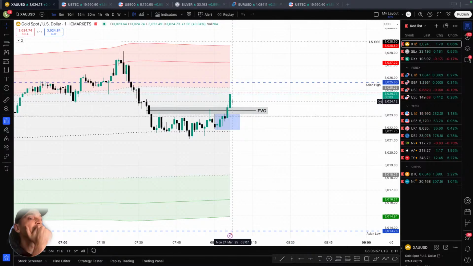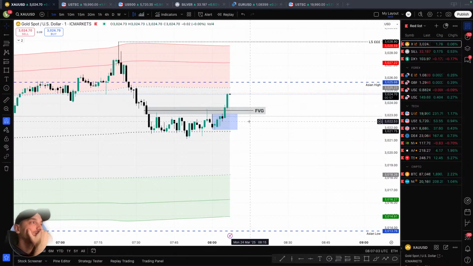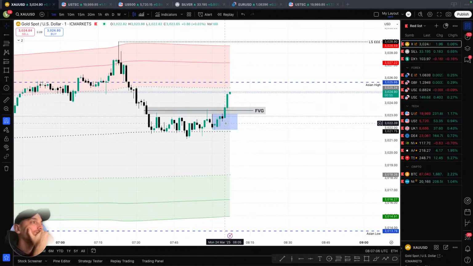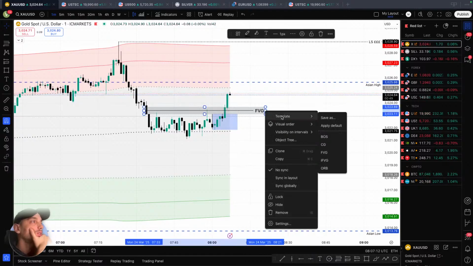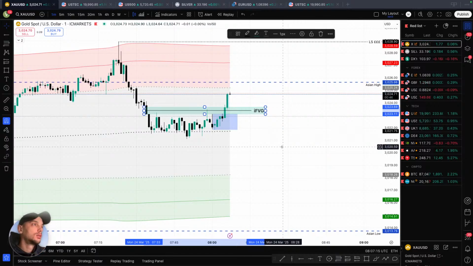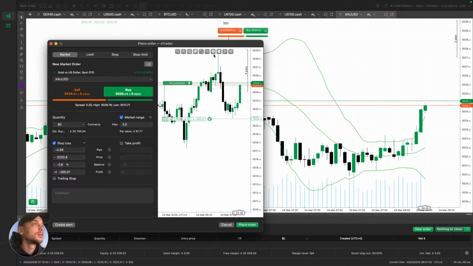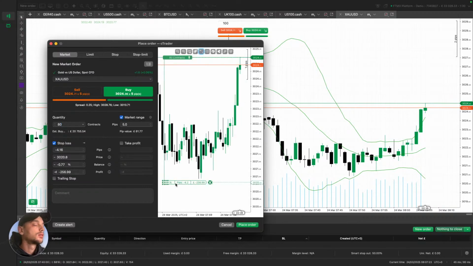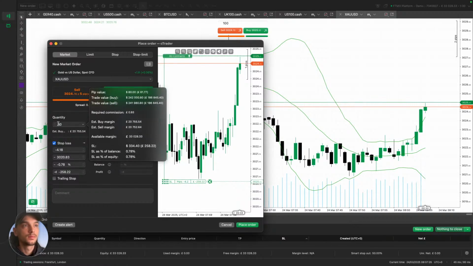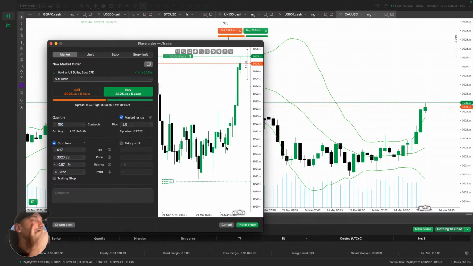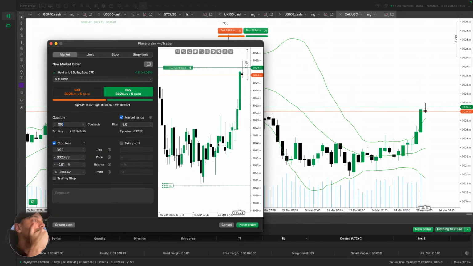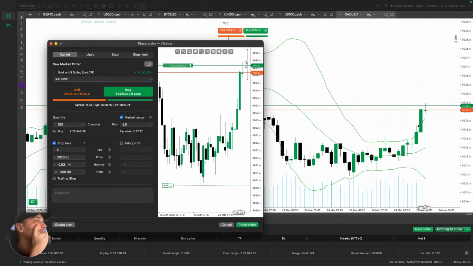Okay. If we get a retest to this inverted fair value gap, that will be our position. Come on, come back.